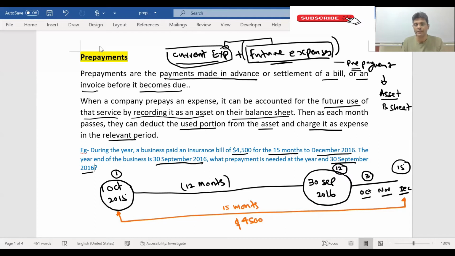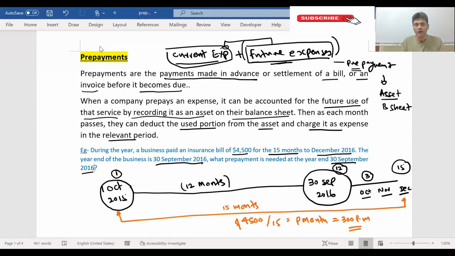If you divide this by 15, how much is the charge per month? $300 per month.